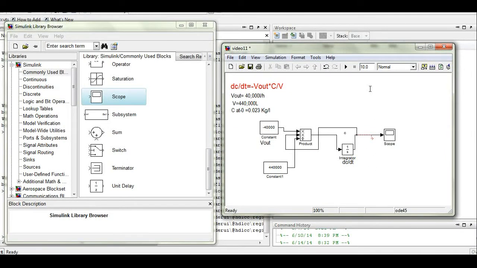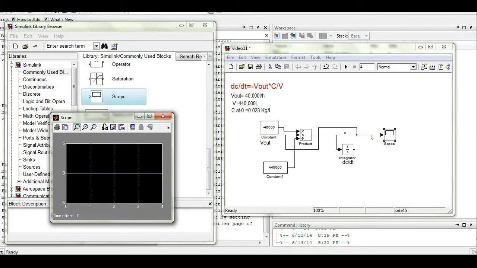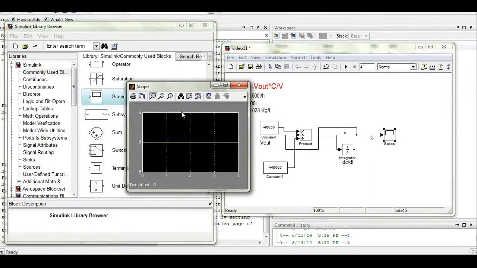Now we wanted 4 hours. This one is for the dt, and we need it after 4 hours. If you put 4 hours here, and then you run, then double click on the scope. This graph is not clear. Click here to make it clear.